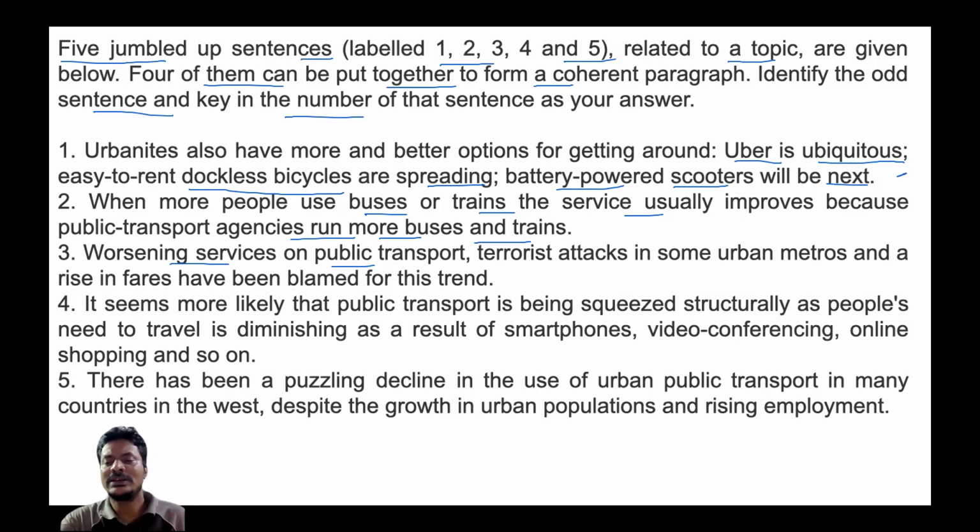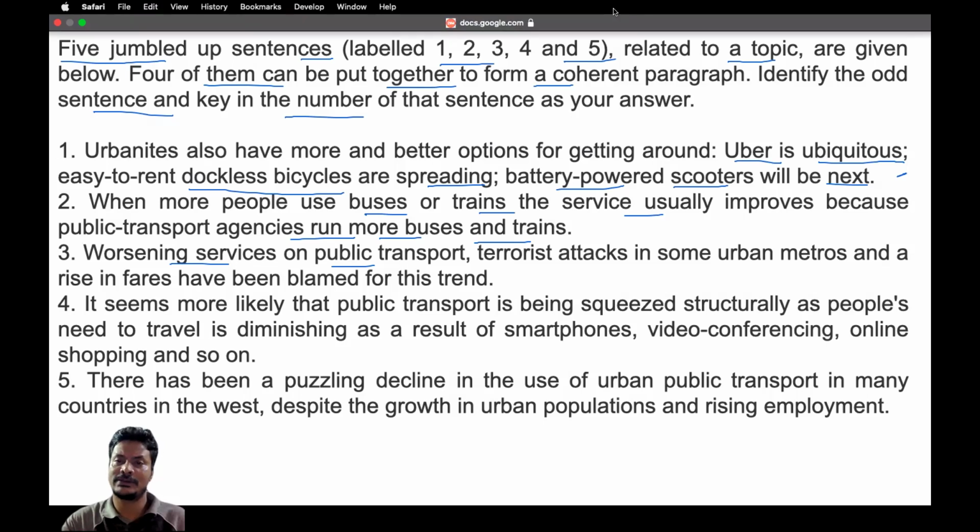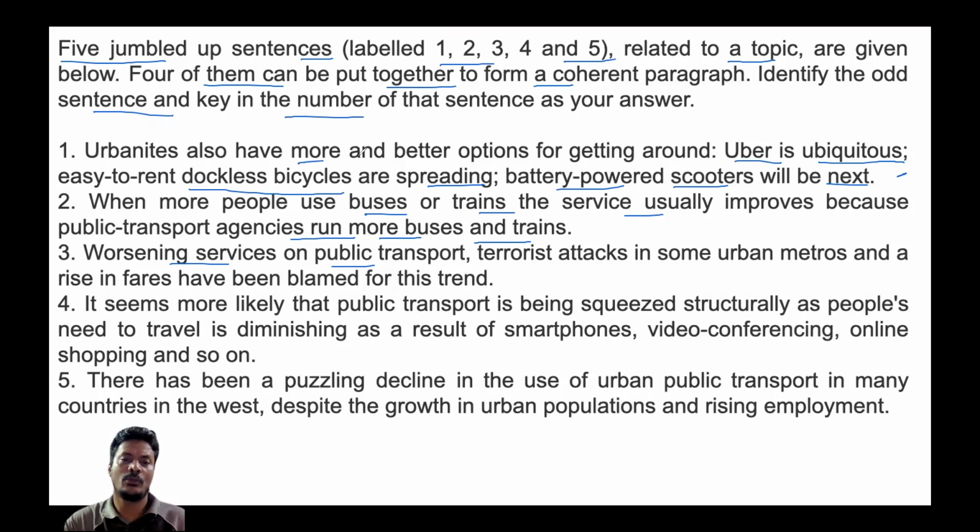When we look at this question, what does the first sentence say? Urbanites also have more and better options for getting around. It gives the example of Uber, bicycles and scooters being present. So second is, when more people use buses or trains, the service usually improves.